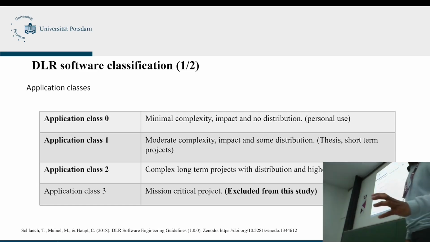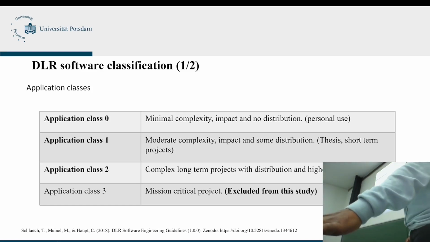There is no defined definition of what application class 1, 2, and 3 are. So we evaluated based on GitHub: how many forks there are, how many stars, and also distribution, in the sense of whether they have more contributors or a community around them.